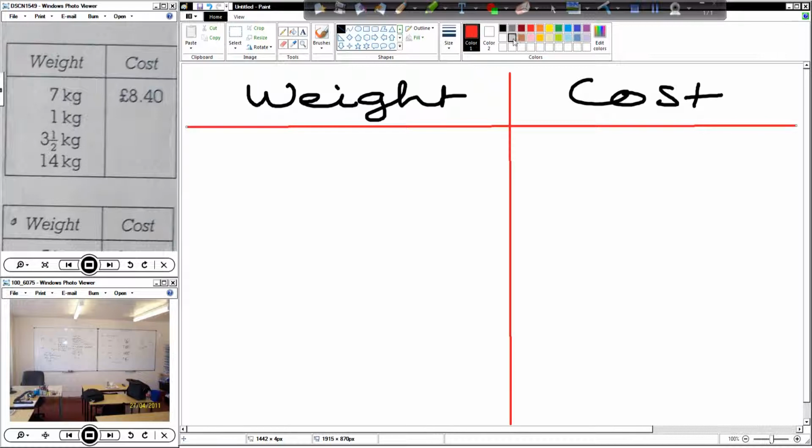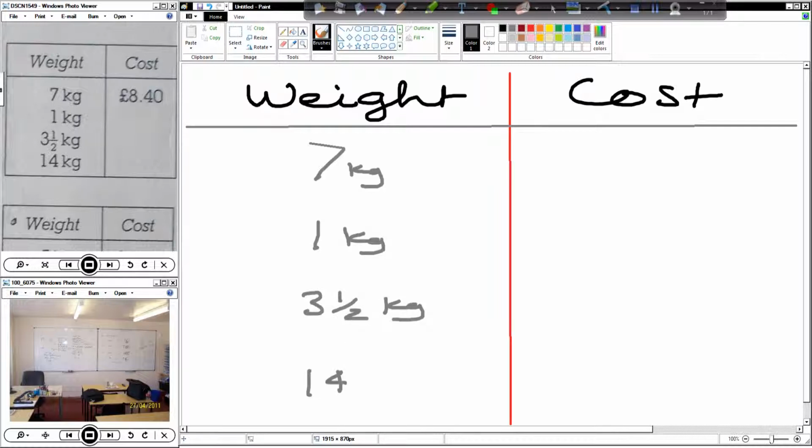Okay, weight and cost. Let's put the values in there.